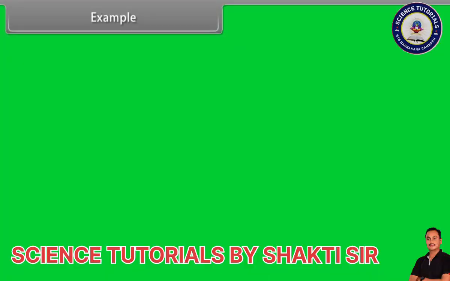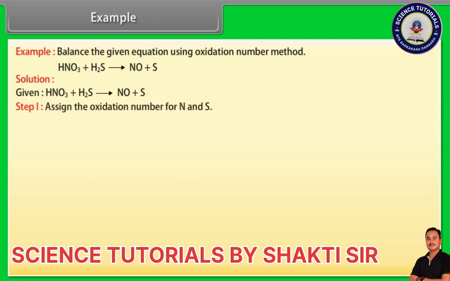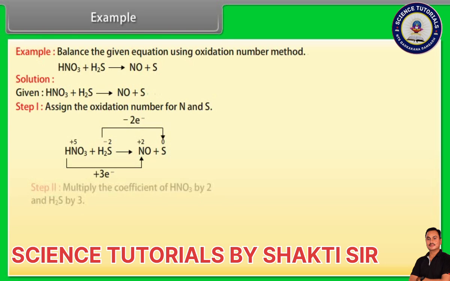Example. Let us take an example of balancing equations. Balance the given equation using the oxidation number method. Let's see the solution. Here, the given equation is HNO3 plus H2S gives rise to NO plus S. Step 1. Firstly, we assign the oxidation numbers of N and S. Step 2.